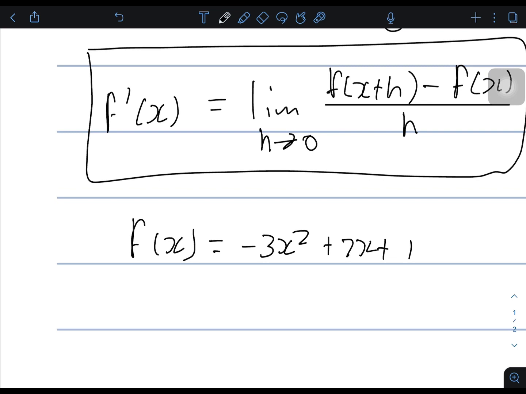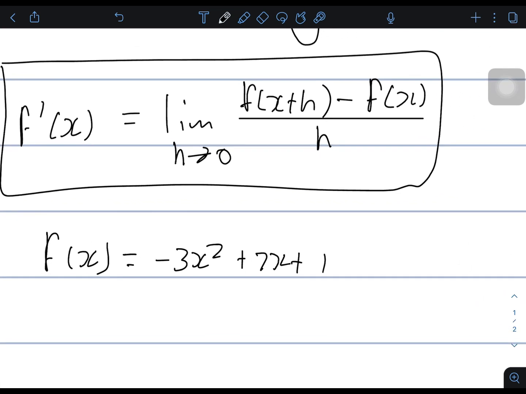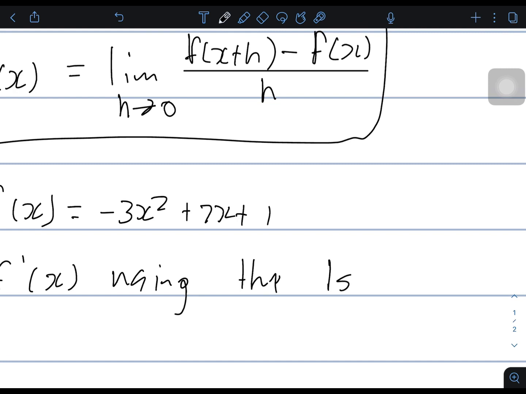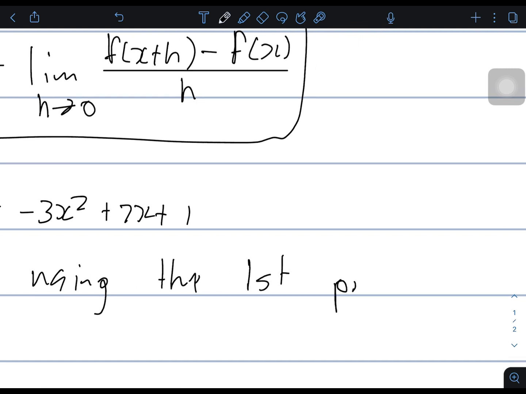We can see that, guys, this is a quadratic function, and they want us to find the first derivative using first principle.